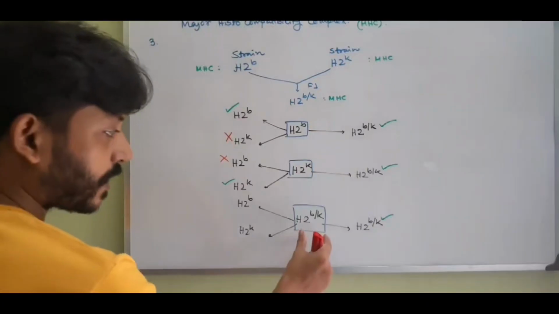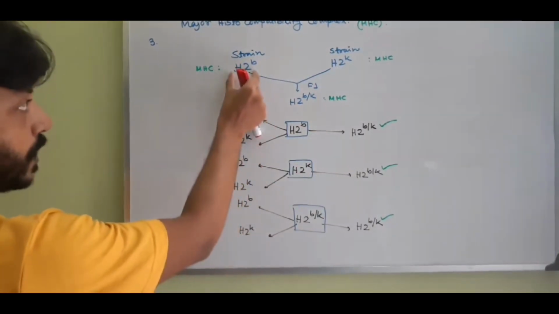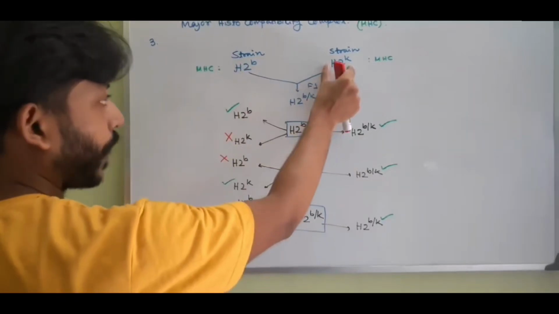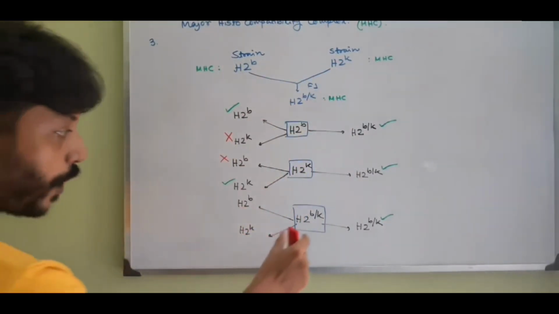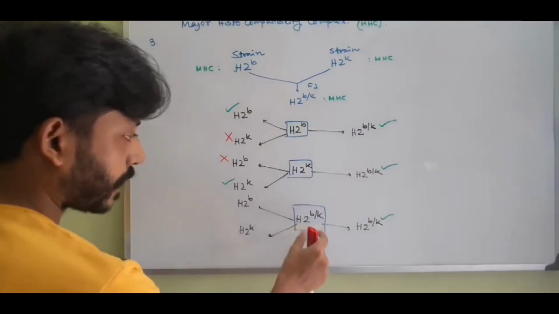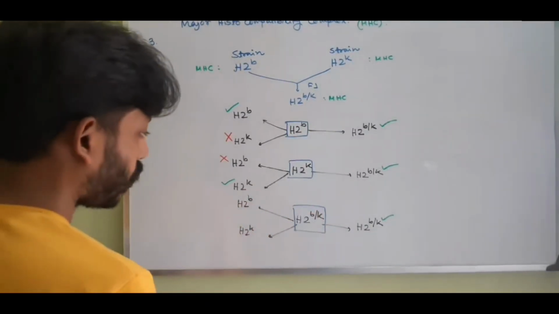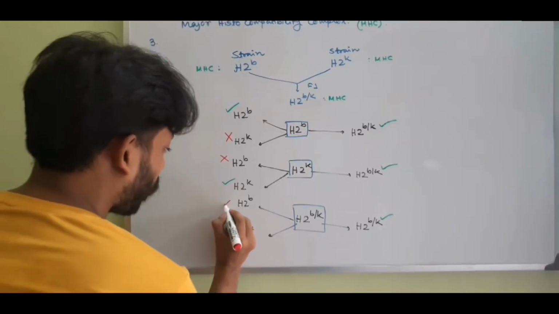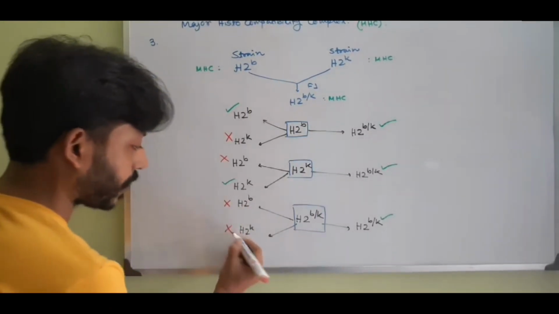But these mice are generated from the parental strains, because you can see H2B is a parent, and H2K is also a parent. So these are the parental strains. But when tissue from this F1 generation, H2BK, is transplanted to H2B, the tissue is not accepted, it is rejected. Also in the case of these mice, it is rejected.